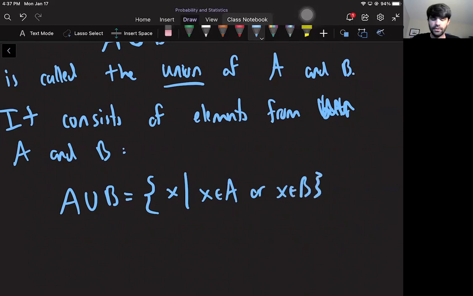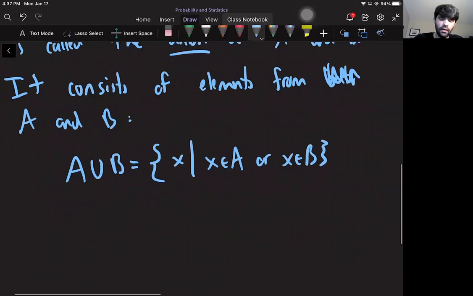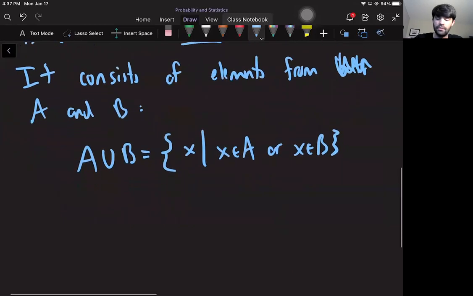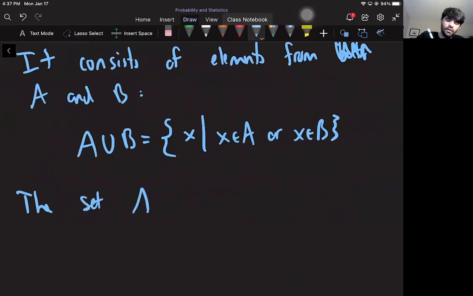But we'll do examples to see how this is a bit simpler than the definition makes it out to be. It's really just saying all the stuff in A, all the stuff in B, put them all together. That's the union.